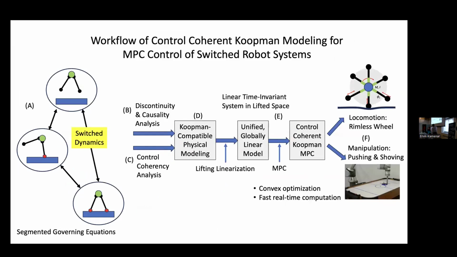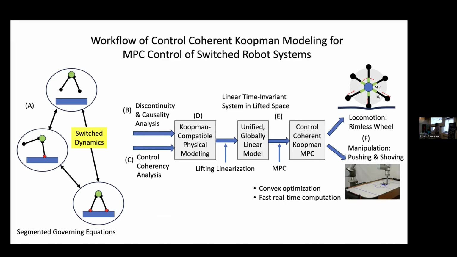We start with the switched dynamics, and then convert this to a Koopman compatible physical model. In doing so, we address the discontinuity and causality, and whether the system satisfies the control coherent conditions. We get a Koopman compatible physical model ready for lifting and linearization.